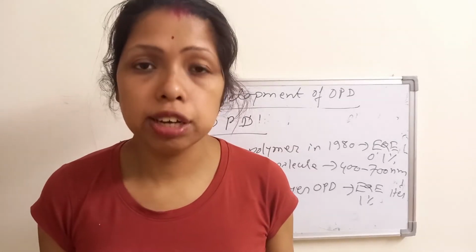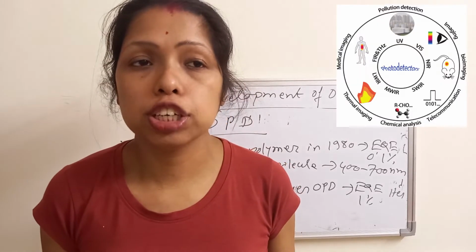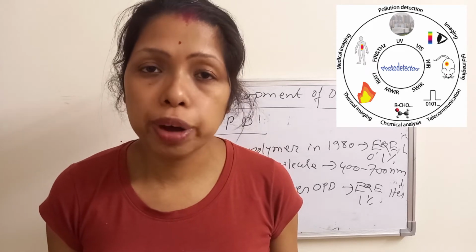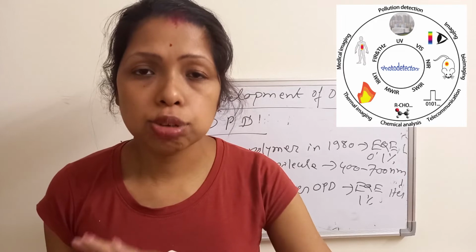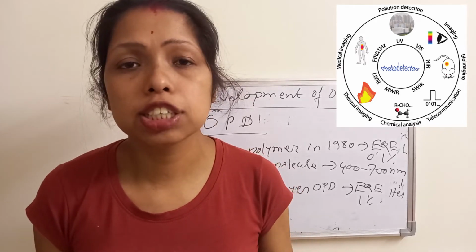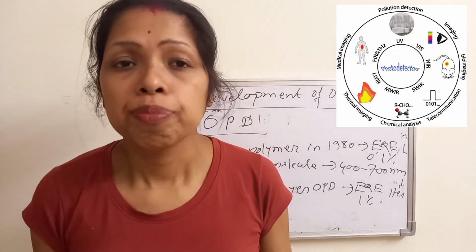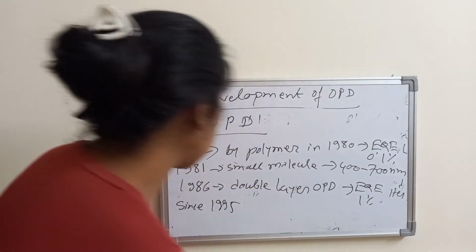If you want to design the organic photodetector for different applications, in terms of different wavelength regions, there are visible organic photodetectors, UV organic photodetectors, infrared organic photodetectors, broadband organic photodetectors, and narrowband organic photodetectors. For these different applications, there was huge production of organic photodetectors using small molecules and polymers.